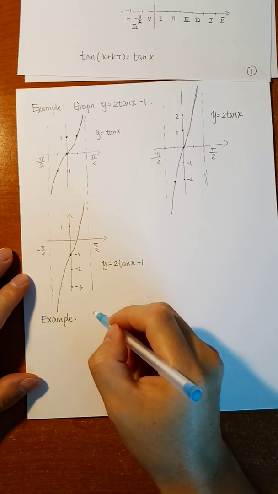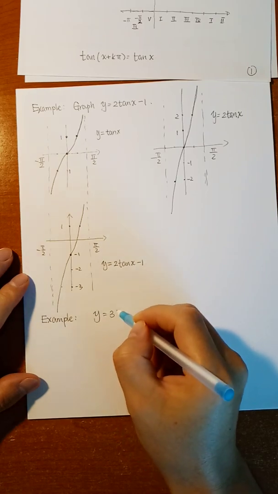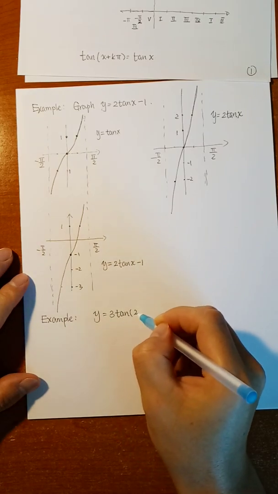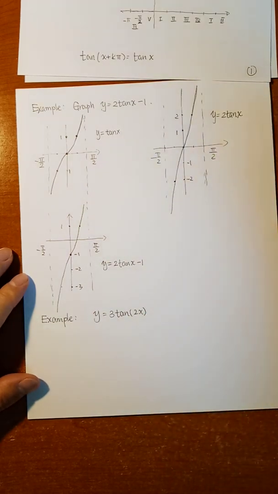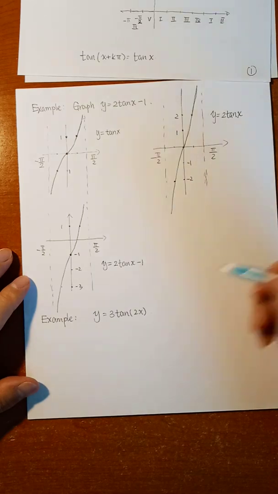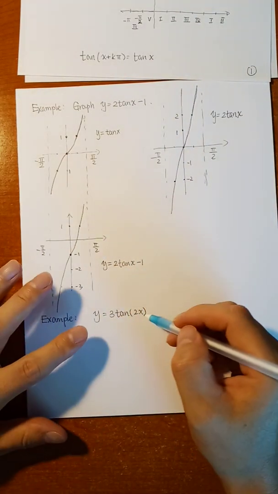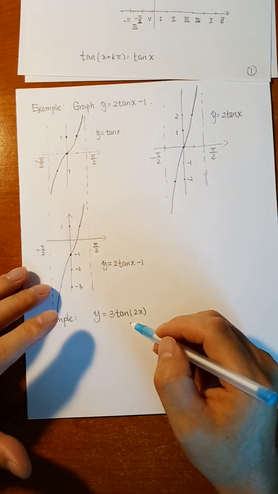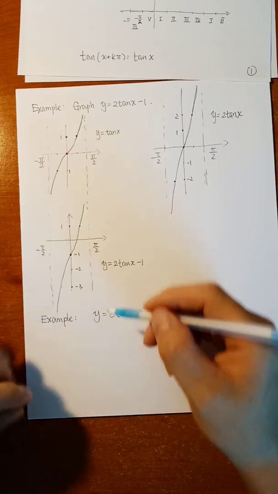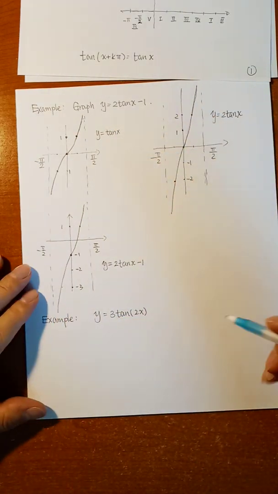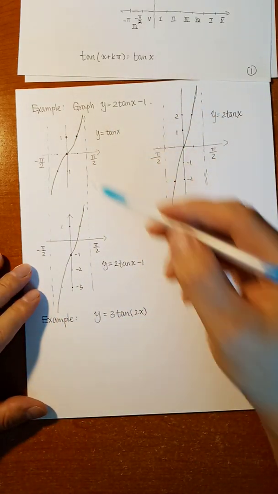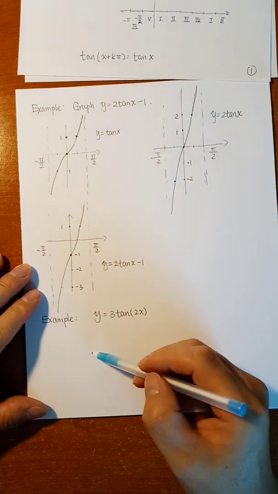So we have y equal to 3 tangent of 2x. So you have the stretch and you have the compression. I'm going to do the compression first and stretch second. First, we copy this graph.